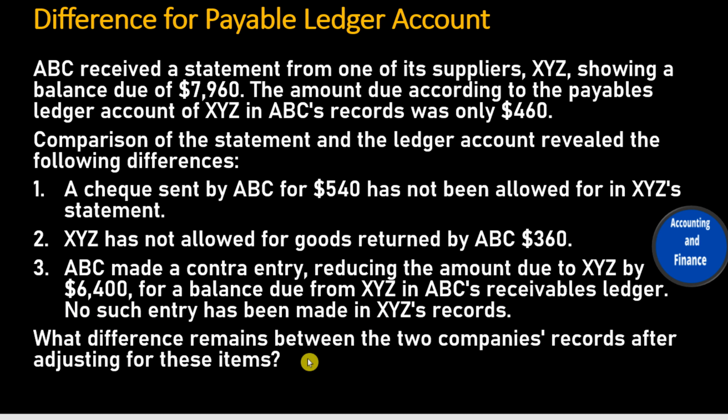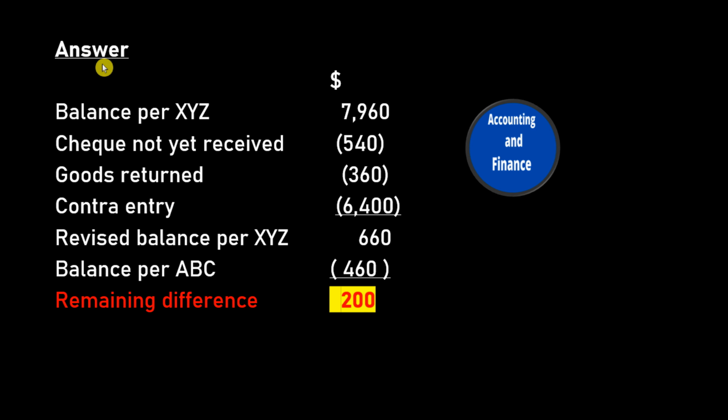What difference remains between the two companies' records after adjusting for these items? Answer. Balance per XYZ, $7,960. Check not yet received, minus $540.